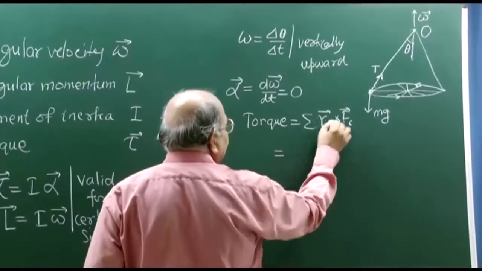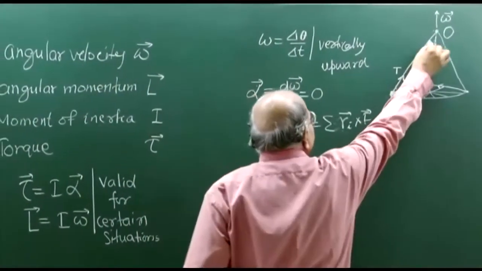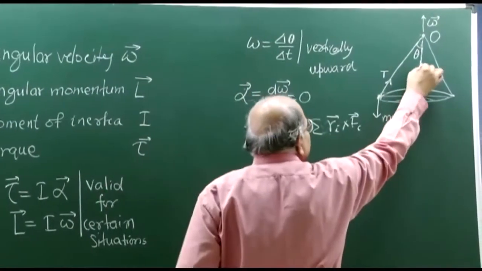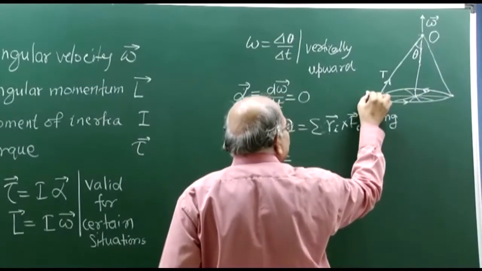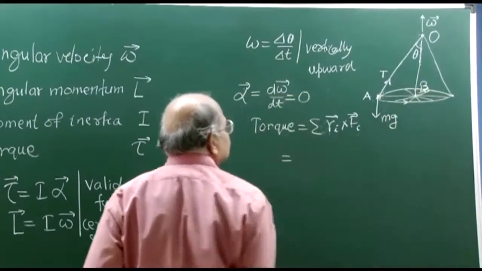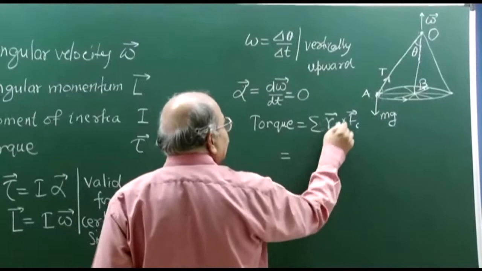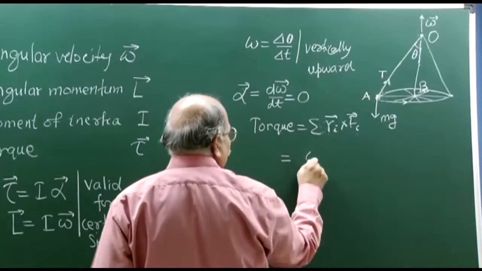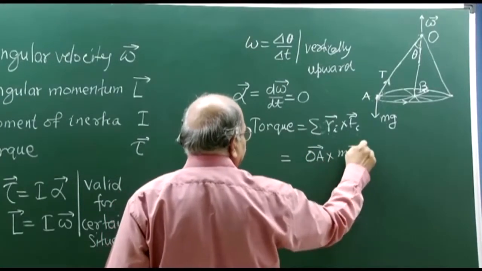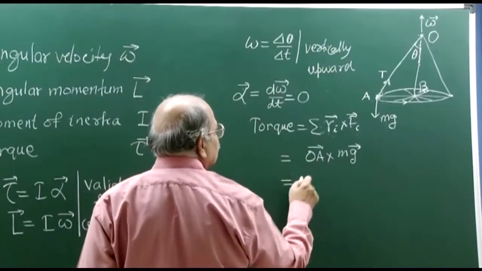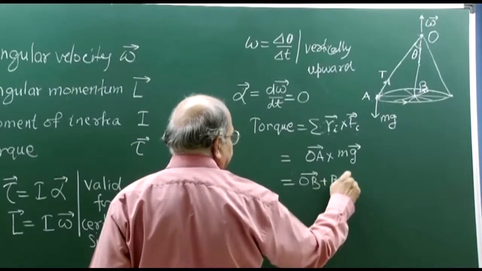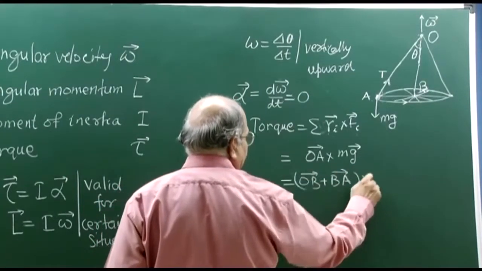So, this is Ri, once again it is here. This is the r vector. Let me call this point A and the center of the circle B. So, Ri for this point is the OA vector cross the mg vector, and this OA you can write as OB plus BA, cross mg.